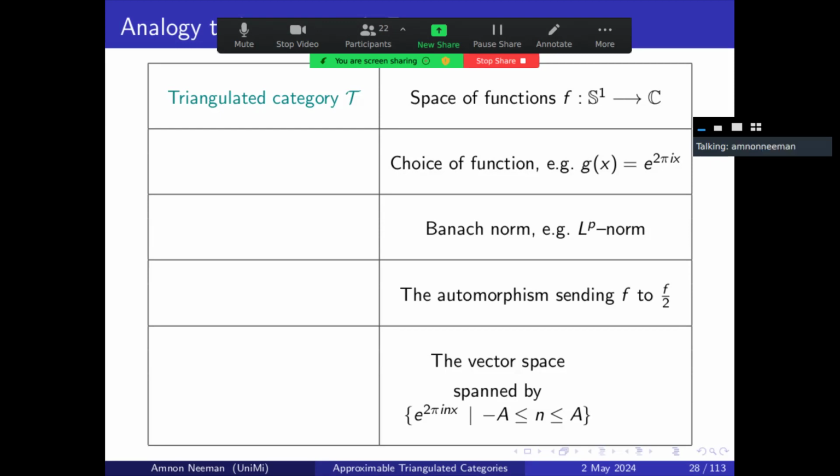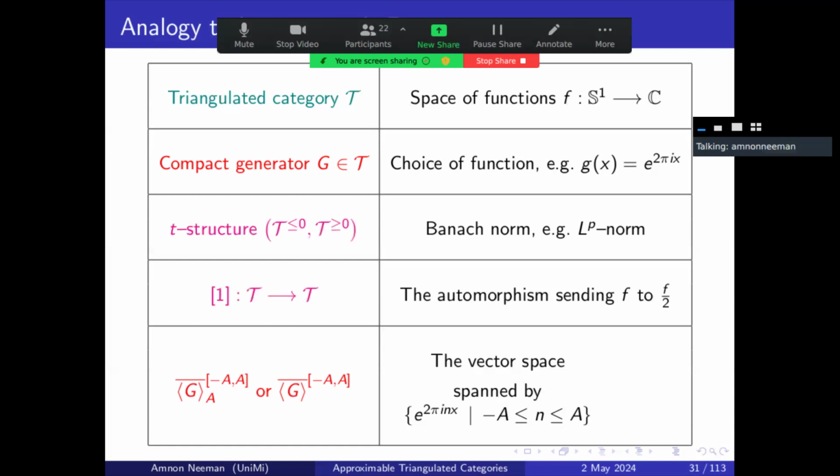So we want a triangulated category analog. In the triangulated category T, the exponential function will be replaced by a compact generator. The vector space of low-degree trigonometric Laurent polynomials will be this strange symbol.